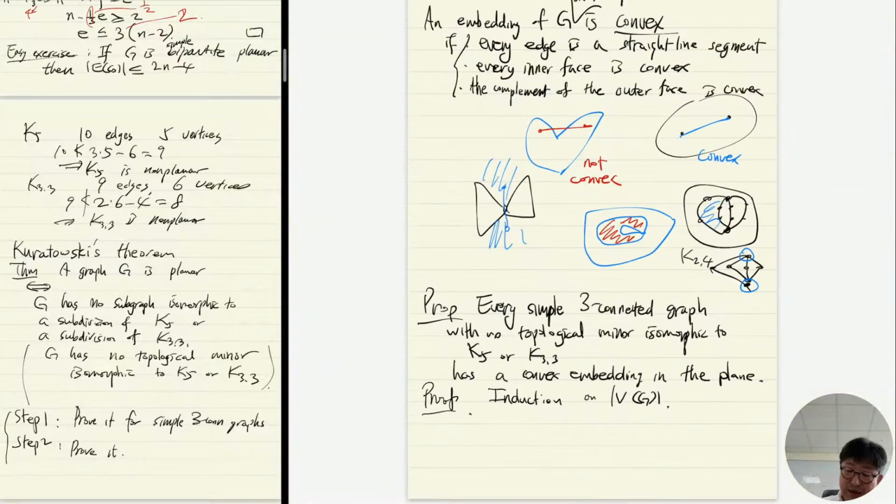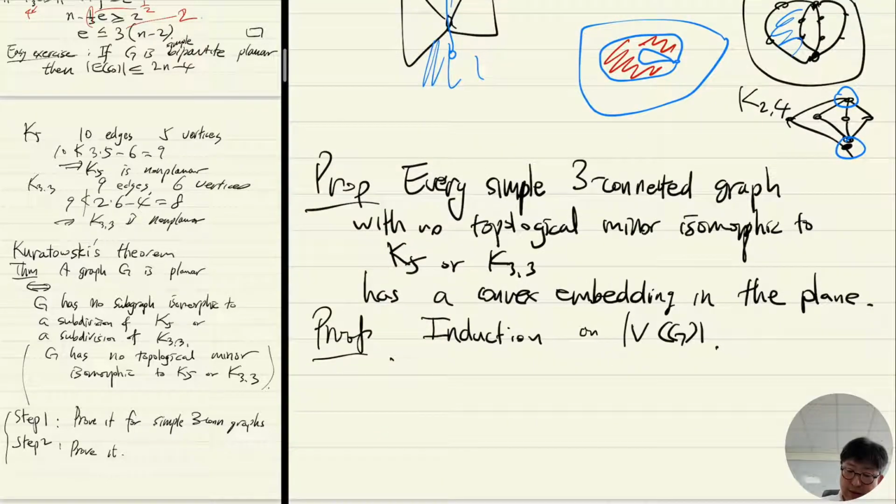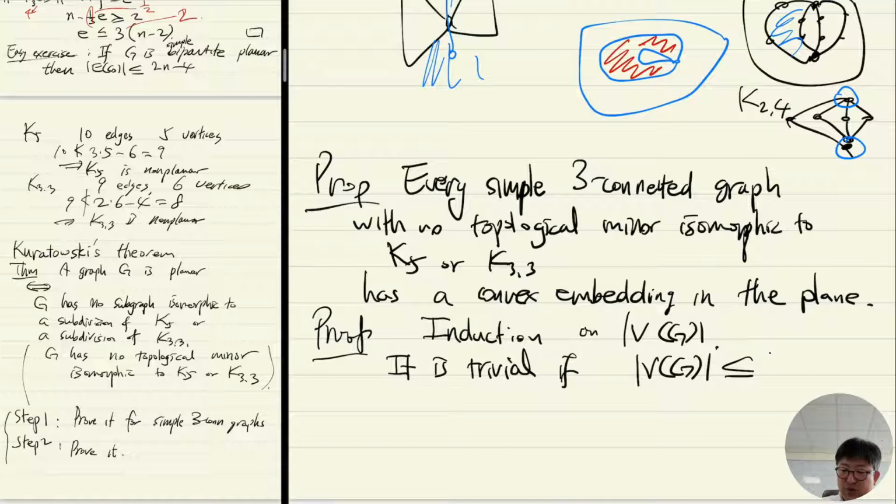Then it is trivial if the number of vertices is at most 4, because if you have 4 vertices or fewer, then you never have any topological minor isomorphic to K5 or K33. Each of them has at least 5 vertices, and all such graphs have a convex embedding.